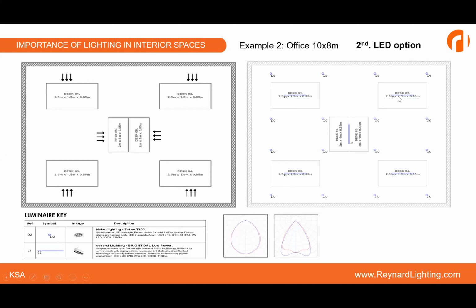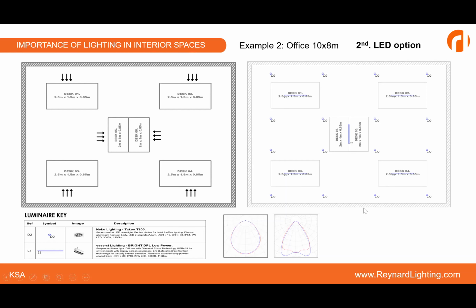And I will be using a task luminaire located at the center of each workstation. And this task luminaire will be pendant, installed at about 1 meter above the desk level. And the power of this task luminaire is just 24 watts.